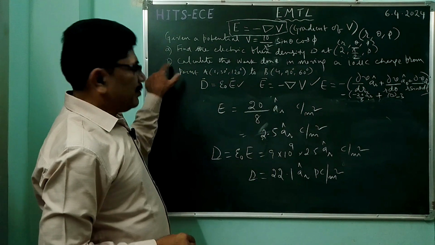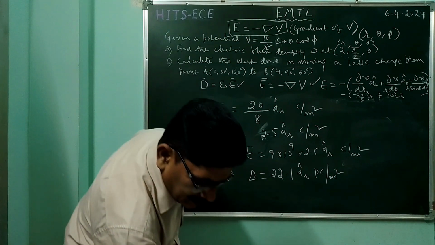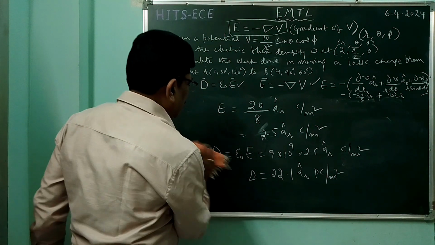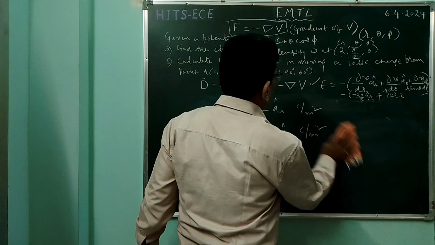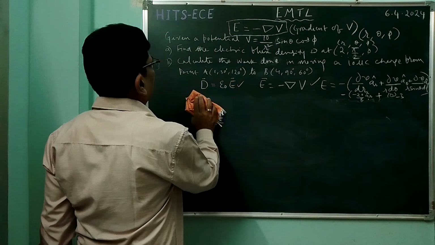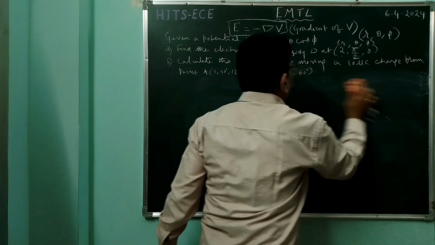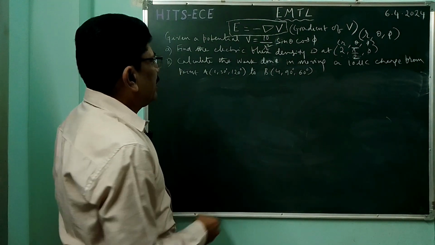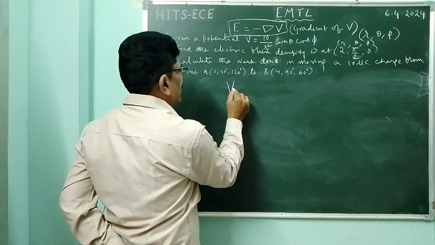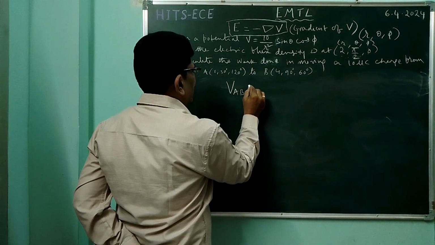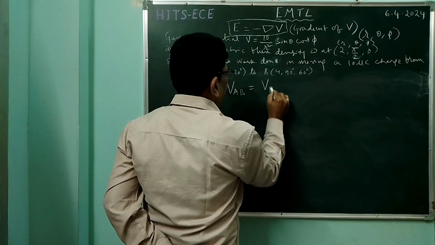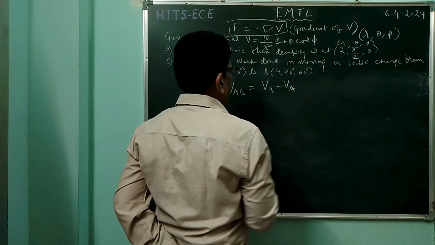Now let us do the second bit. You know that the potential difference between 2 points V_AB is equal to V_B minus V_A. I already derived this.